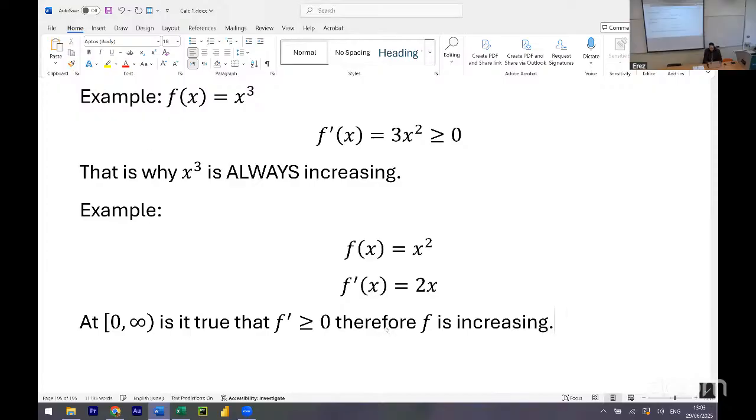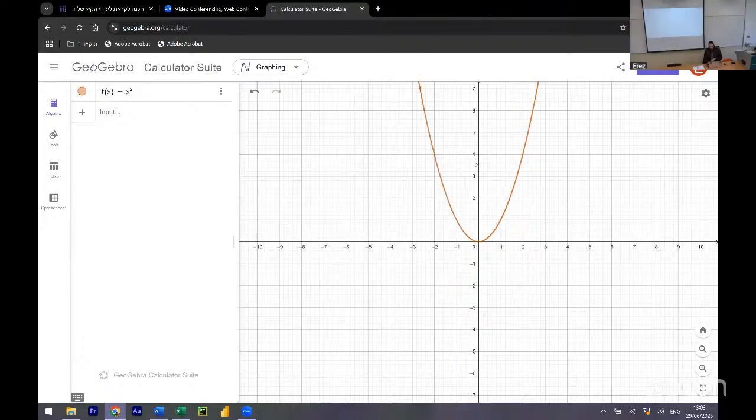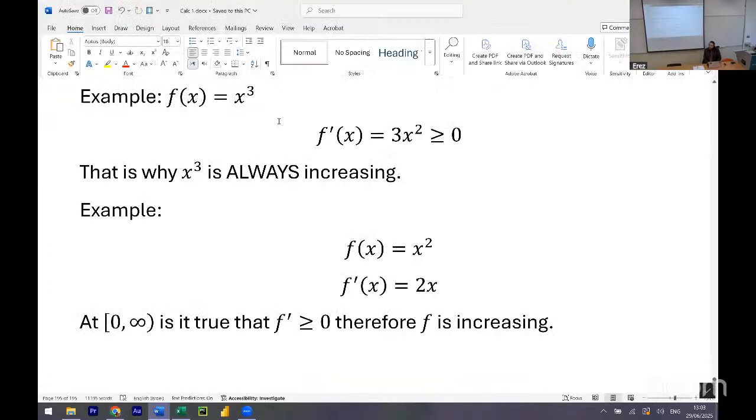And I'll just show you the parabola. It's increasing from 0 to infinity, right? You have a domain of increasing, a domain of decreasing. So it doesn't have to be always. In x cubed, it's always, but in x squared, it's between 0 and infinity. Agreed?